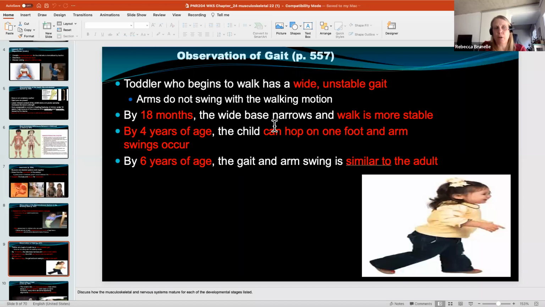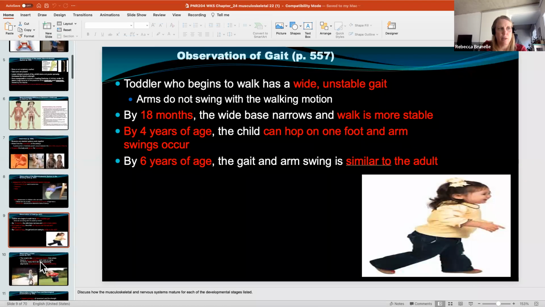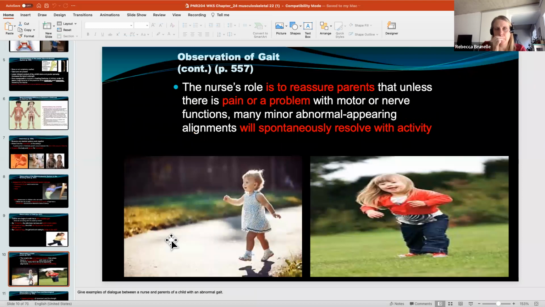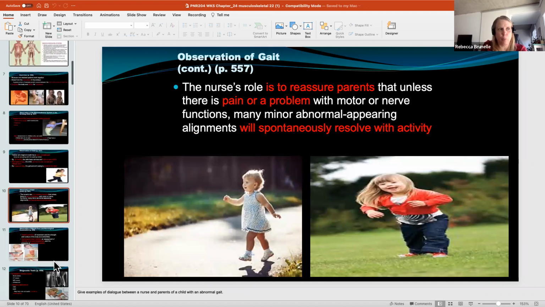So just make sure that parents know that it's normal if their child doesn't have a normal adult gait, and usually it gets better over time. And this is just reinforcing that you educate parents, unless they're having some pain or anything like that, their gait will more than likely improve as they get older and more balanced.